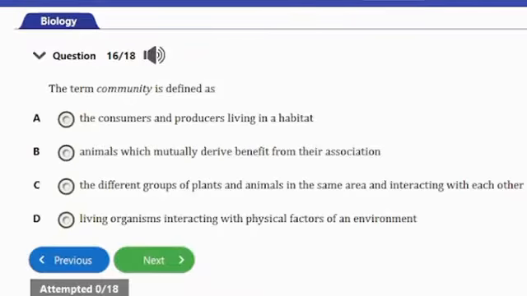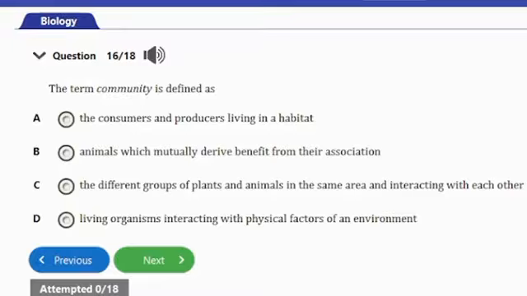Question number 16 here. It says the term community is defined as A, the consumers and producers living in a habitat, B, animals which naturally derive benefits from their association, C, the different groups of animals and plants in the same area and interacting with each other, and D, living organisms interacting with physical factors of an environment.